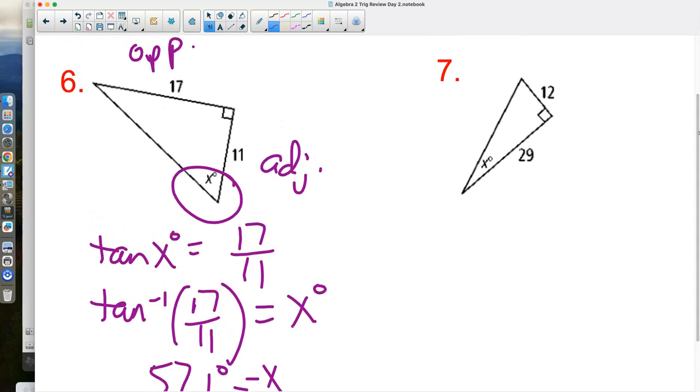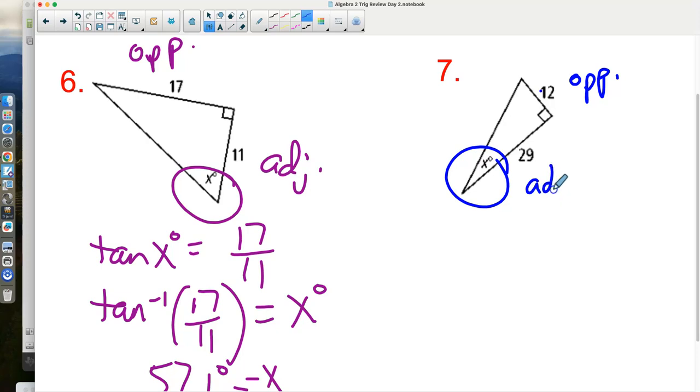Alrighty, so let's take a look at number 7. Tell me what you're doing. Talk me through this one the whole way through. Circle an X. And then label. Yeah. What'd you label the 12? Opposite. 9.